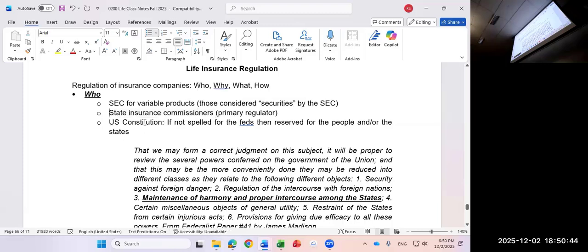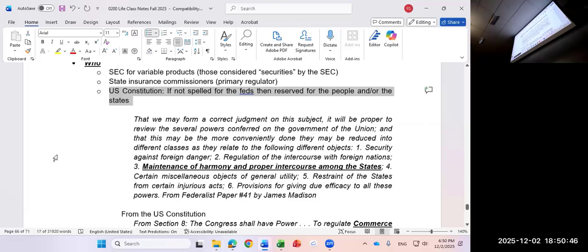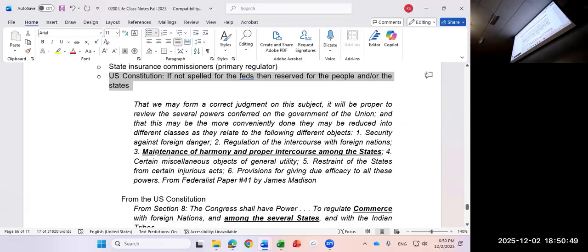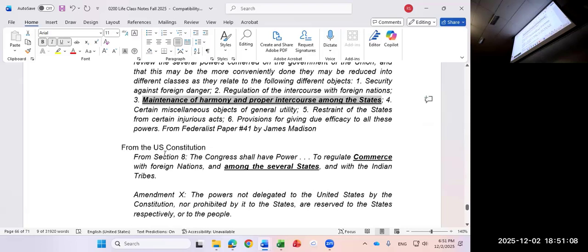The US Constitution says that shouldn't be the case. The US Constitution says the federal government regulates interstate commerce. So it says any insurance companies that operate in more than one state should be regulated by the federal government. It's really clear in our Constitution. And yet the states regulate insurance.